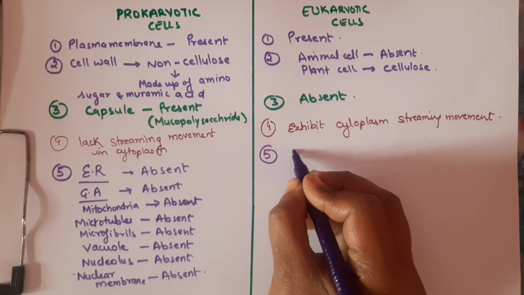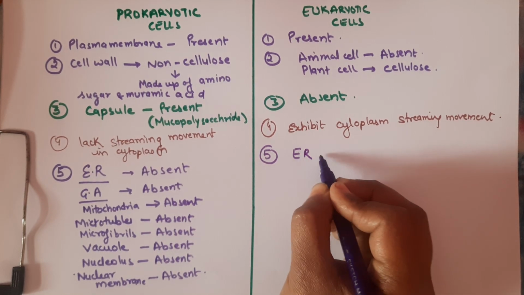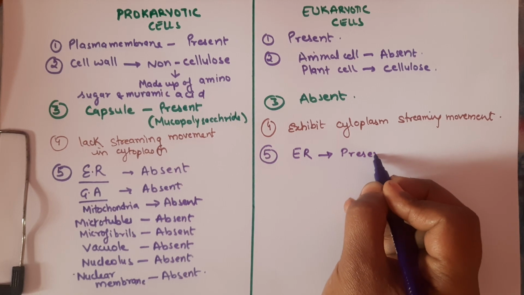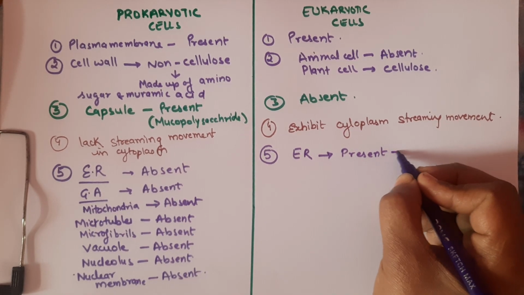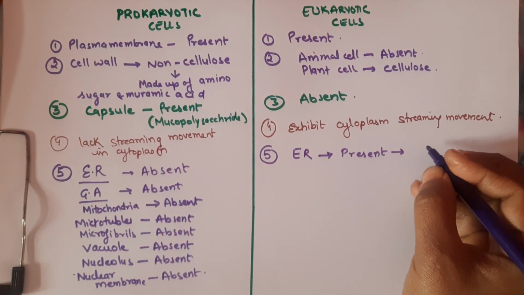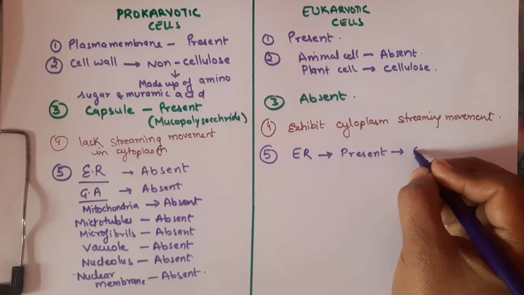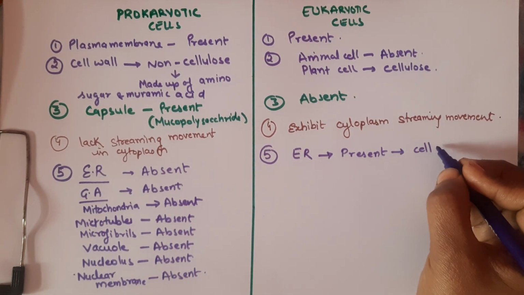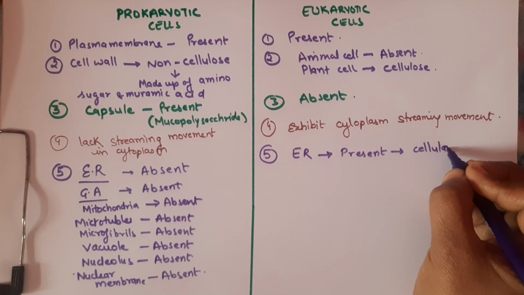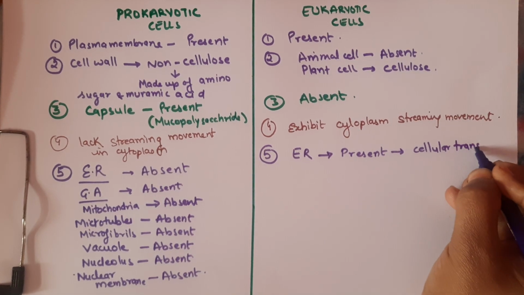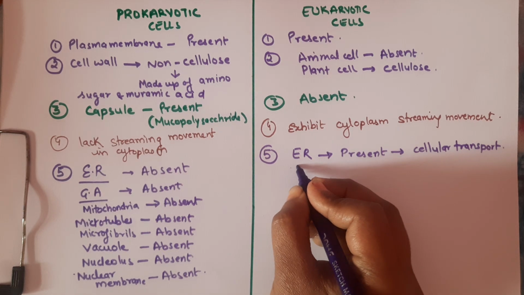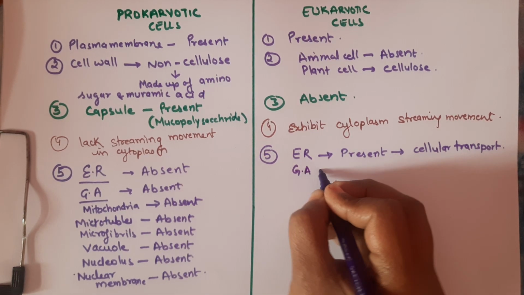If we talk about the eukaryotic cell, then the endoplasmic reticulum is present and it is responsible for synthesis and cellular transport. The second is the Golgi apparatus.